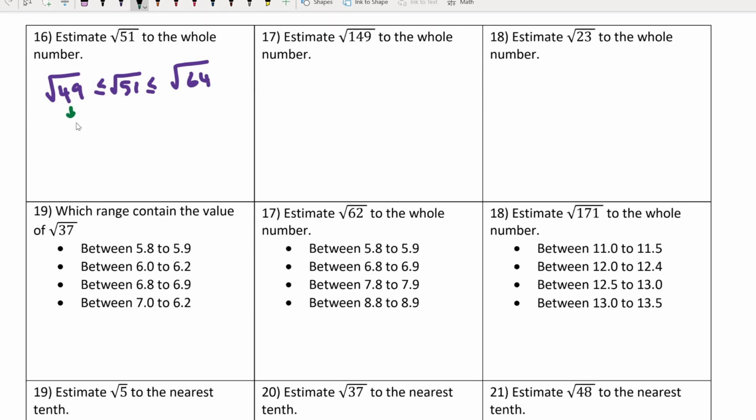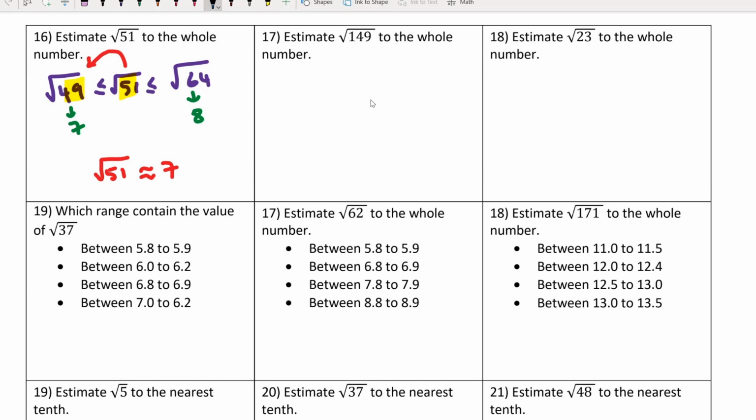The square root of 49 is 7. The square root of 64 is 8. 51 is closer to 49, so rounded to the whole number, the square root of 51 is approximately 7. That's all.